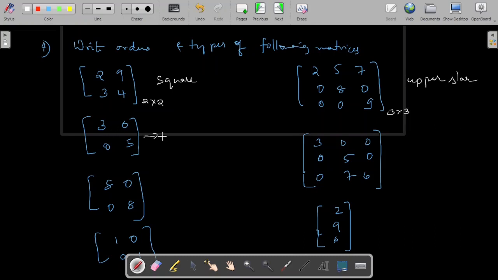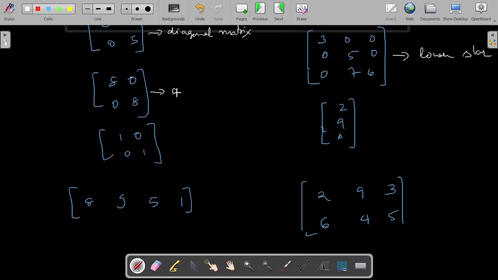Now in this case, this is a diagonal matrix because it is a square matrix, and the elements other than the diagonal elements are all 0, non-diagonal are all 0. This matrix is a lower triangular matrix because elements above the diagonal are all 0. This is a scalar matrix because it has all diagonal elements equal.